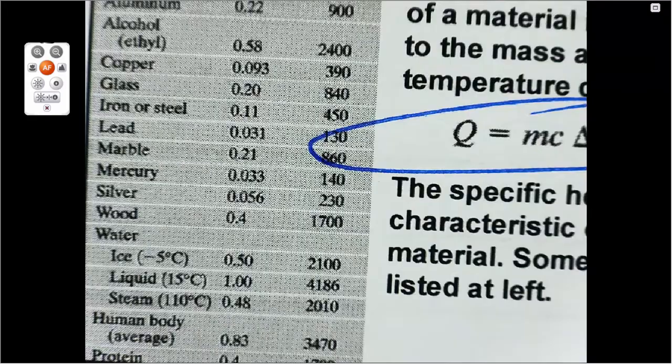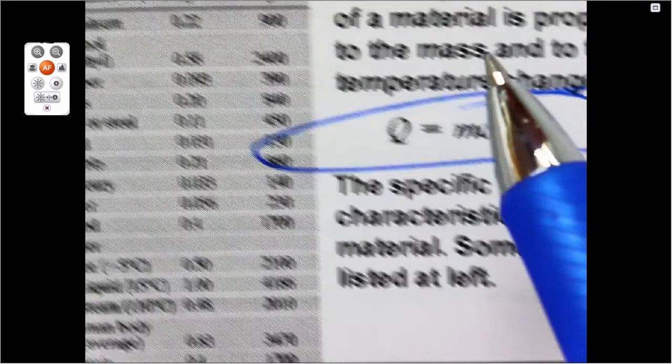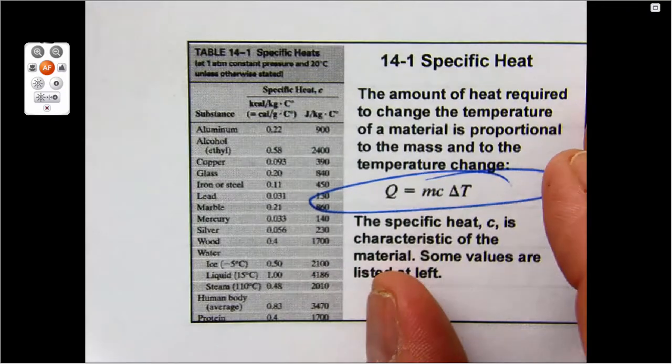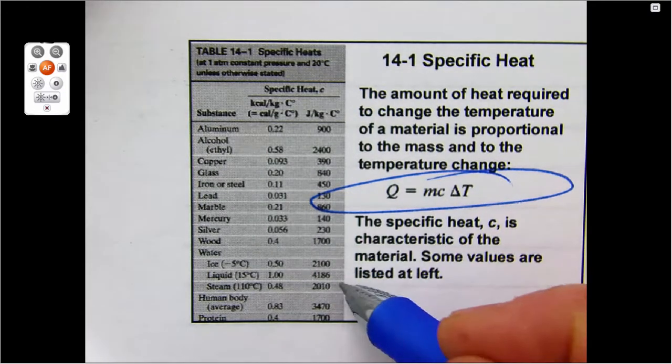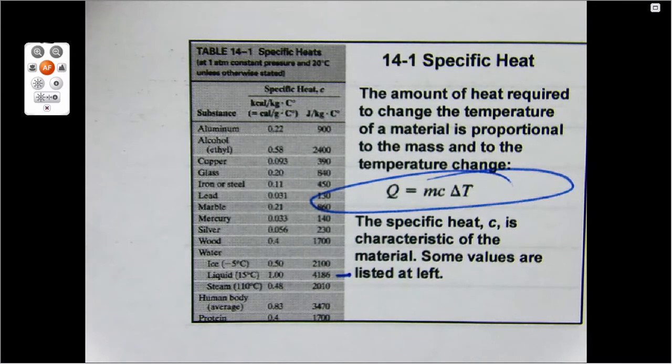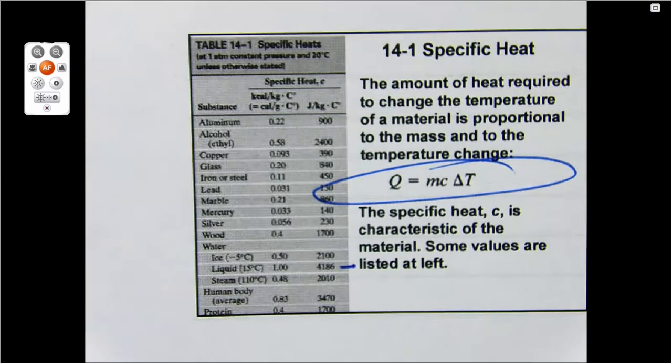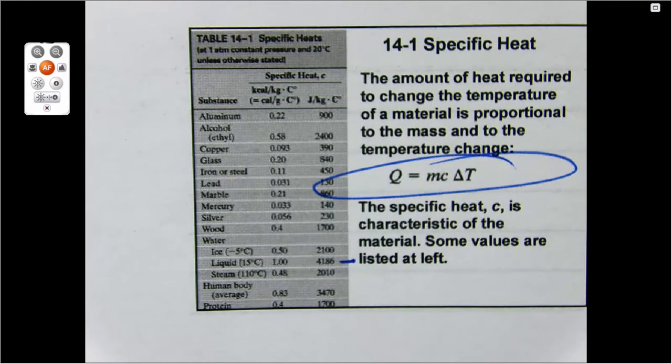I'm on 14.1 on the back side of the first page, the back side of the first PowerPoint slide. Yeah, these specific heat values. Yeah, right here, 4186, in joules per kilogram, right? All right, what else do we have on this baby?